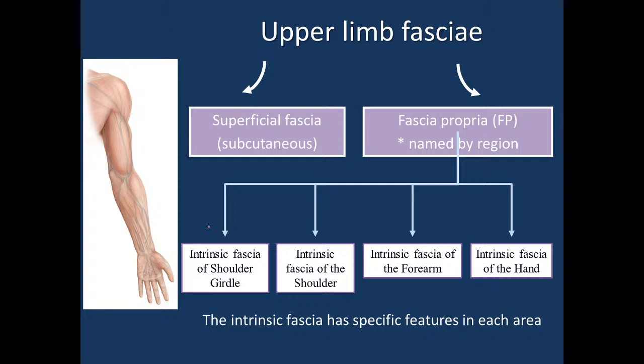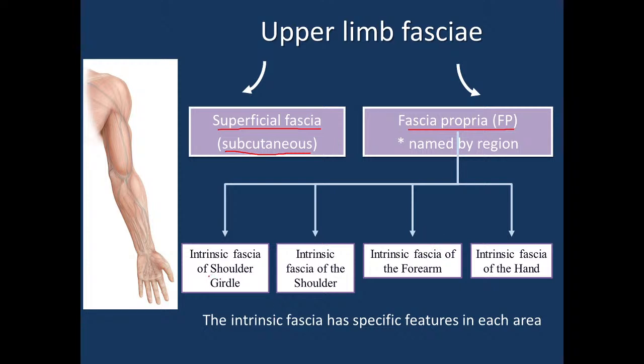fascia of the upper limb, we distinguish two fascia: superficial fascia, which is located under the skin, and so we call it subcutaneous fascia, and the propria fascia. Propria means the own fascia of the upper limb, and it is named regarding the region where it is located.